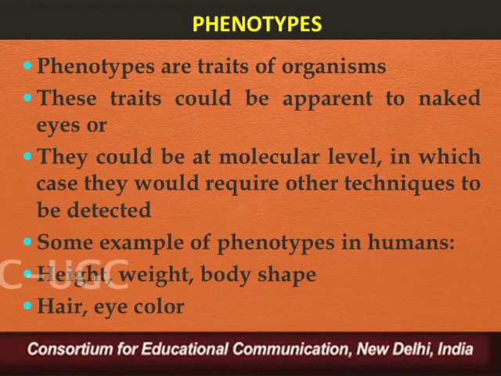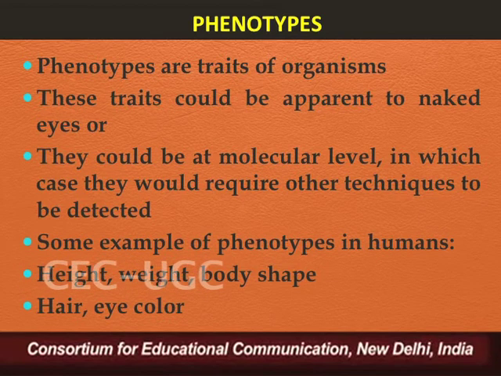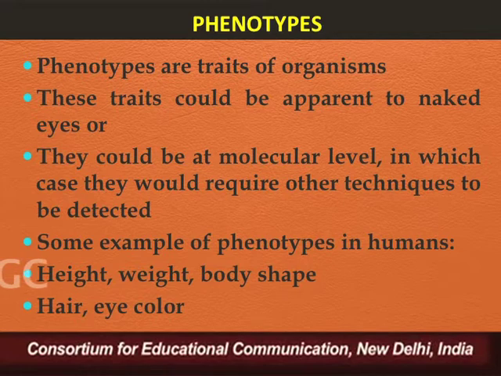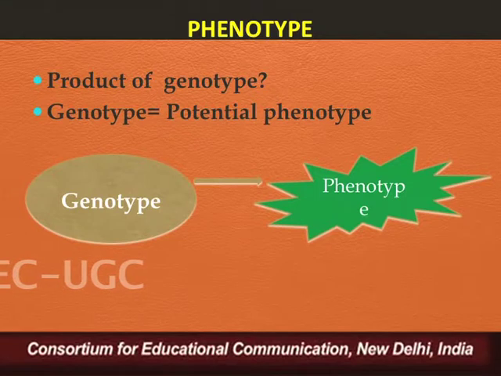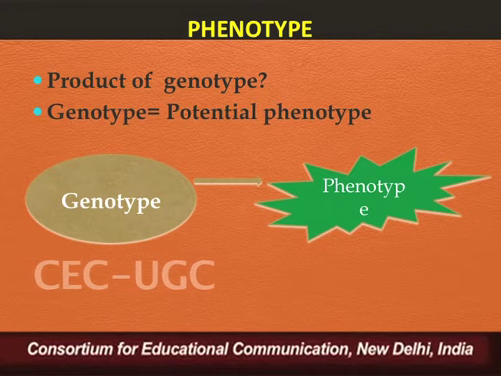Some examples of phenotypes in humans which can be seen directly are height, weight, body shape, hair type, hair color, eye color, and a number of other aspects of human morphology. All these are phenotypes which are discernible to us, which we can see directly. Now what exactly produces a phenotype? What causes a phenotype to appear in an individual?